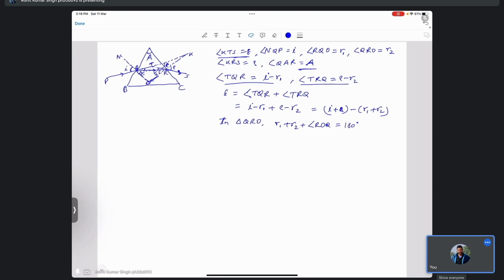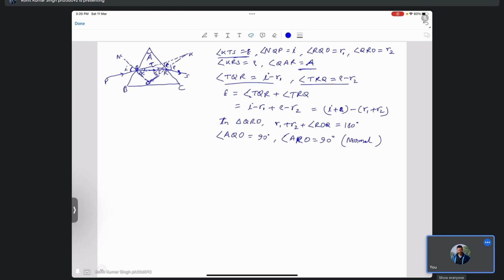And one more thing we have is angle AQO is equal to 90 degrees, because NO is a normal on this side AB, and similarly angle ARO is also 90 degrees, the normal on this side AC. Okay.